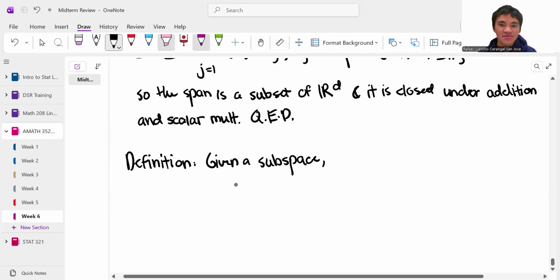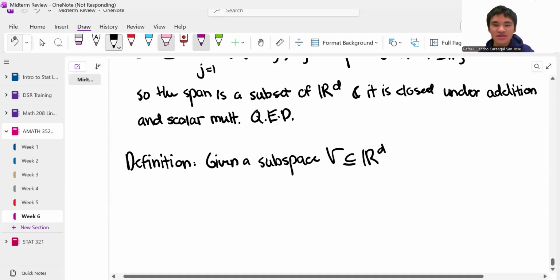So let's say we have this subspace. Okay, yeah, that's how you write it. So say we have that subspace V in R^d. It's more or less a subspace, that's what that's telling us.